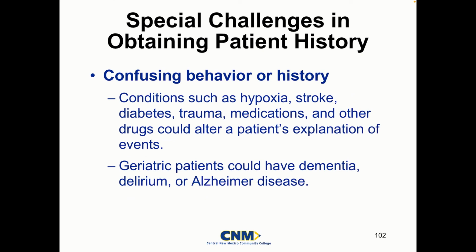Patients may have a variety of reasons for them to be confused or to have behavior that is abnormal and confusing to us when we view it as well. And so consider when patients present that way, all the reasons that they may have that altered mentation. Often, though, when we're in the field and we've been working a while, we tend to associate that behavior as an initial response to them being intoxicated or some other non-emergent situation.